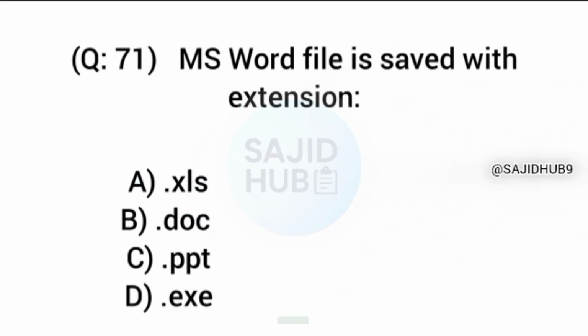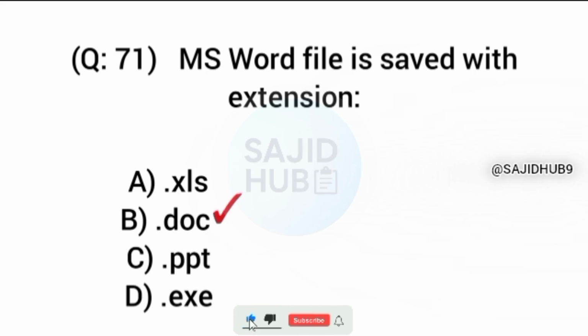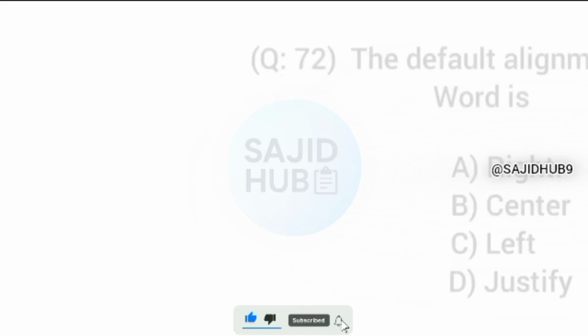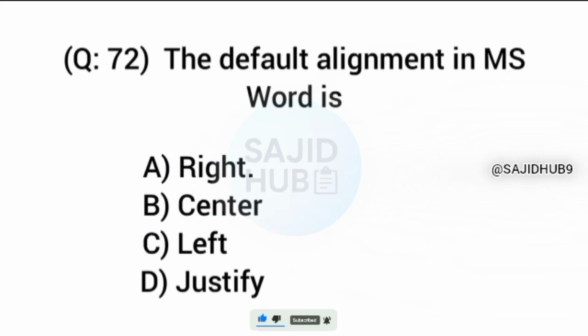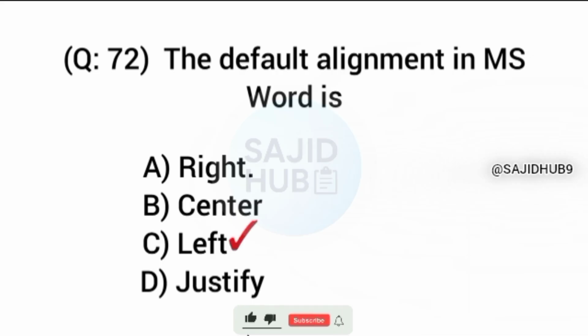MS Word file is saved with extension .doc. The default alignment in MS Word is left.